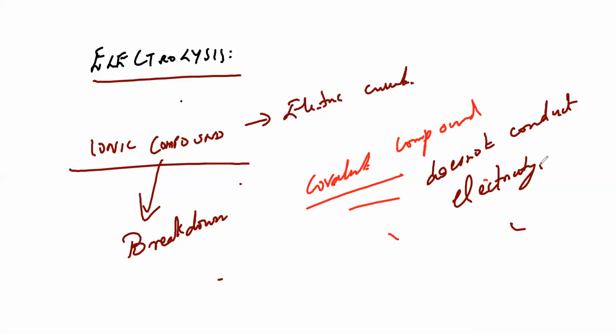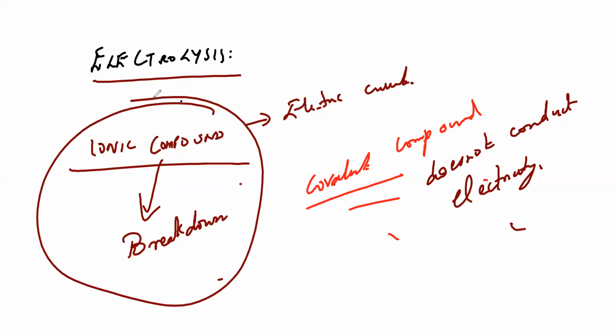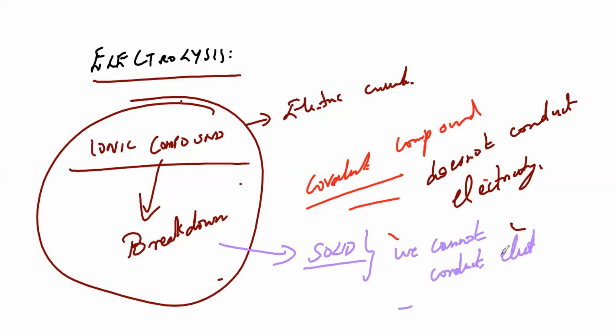But one important thing for the ionic compound is that whenever it is solid, we cannot conduct electrolysis. So when can we conduct electrolysis in an ionic compound?